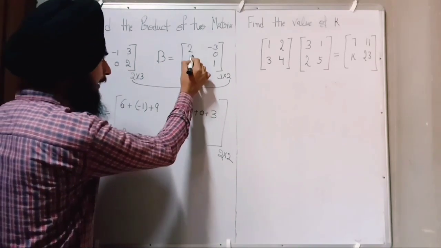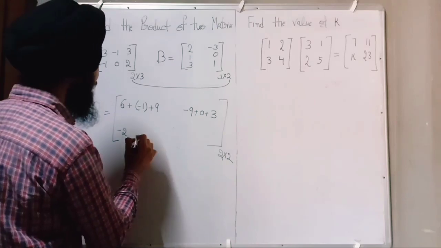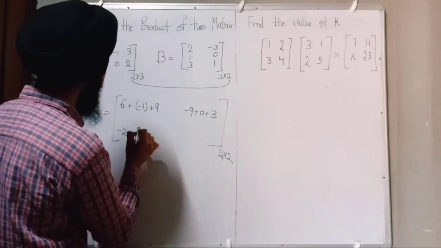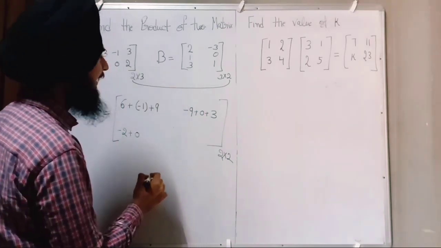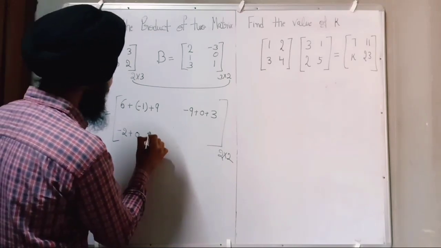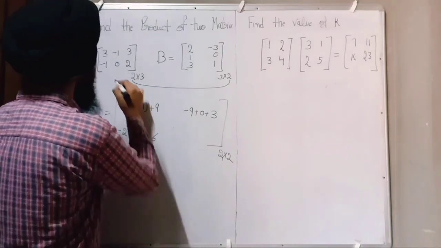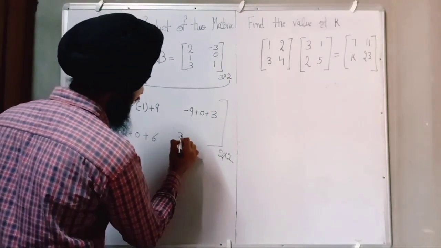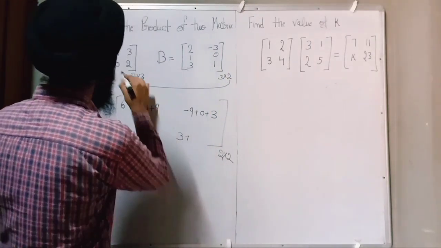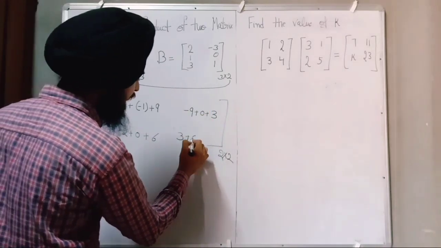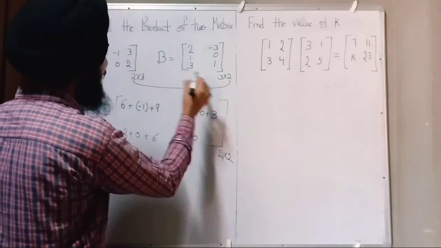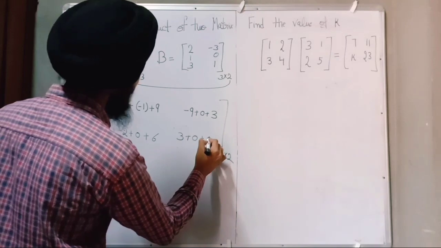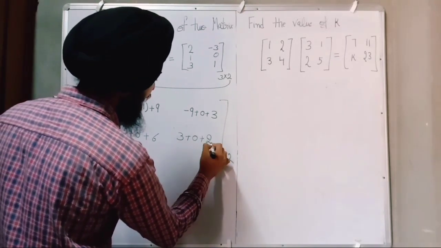0 multiplied by minus 1 is equal to 0. 2 multiplied by 3 is equal to 6. Minus 1 multiplied by minus 3 is equal to 3. 0 multiplied by 0 is equal to 0. 2 multiplied by 1 is equal to 2.